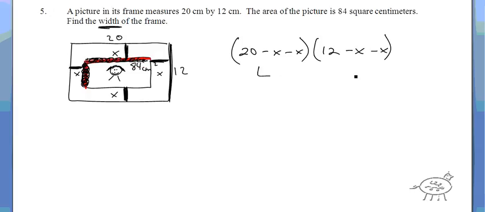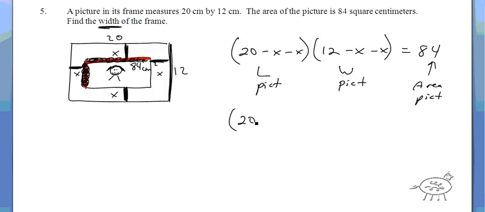So this is the length, and that's the width, and that equals 84, because that's the area of the picture. This length is the length of the picture, and this is the width of the picture.